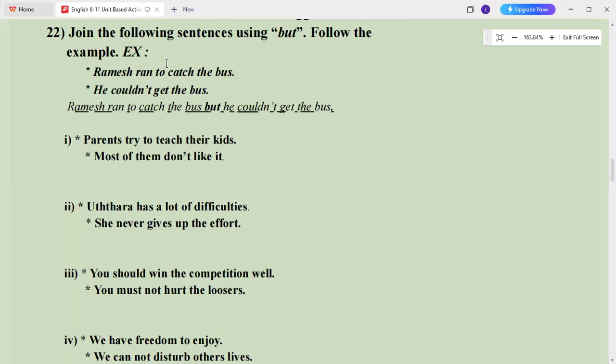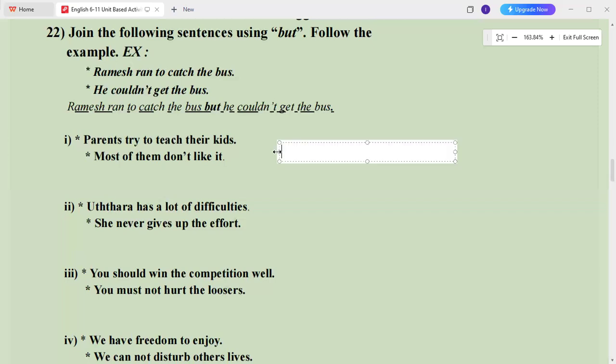Right. Now Pute, now you have to see the similar features. If there are similar features like that, we have to be very careful in combining these two sentences, Pute, right? Right. Now, Pute, we have a lot of examples. Now, we'll practice, Pute, right? Parents try to teach their kids. Most of them don't like it, right? Now, Pute, we can say this way, right?